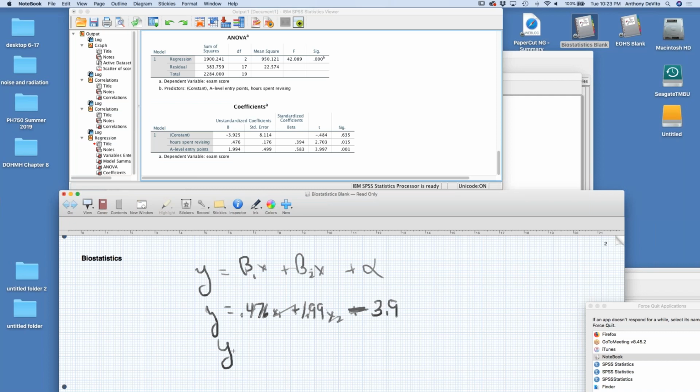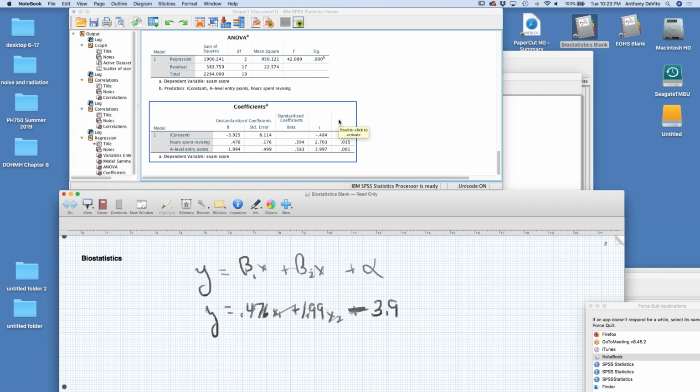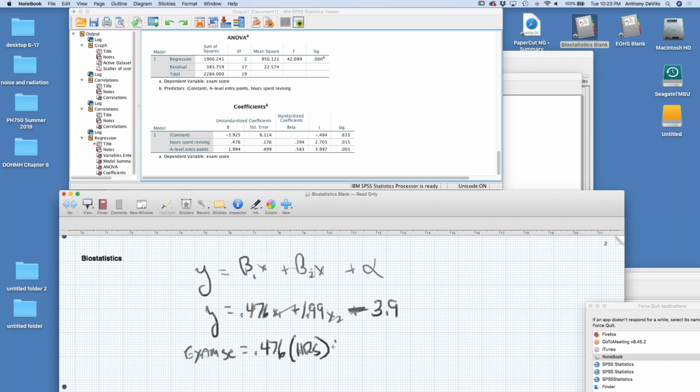So our final formula: our predicted exam score is going to be equal to 0.476 times the hours spent studying, plus 1.99 times our entry score, minus 3.9.